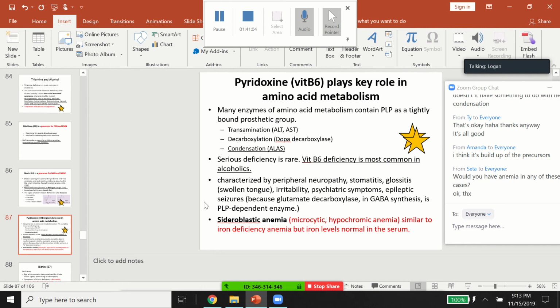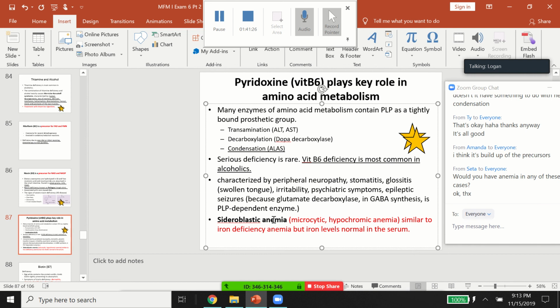Pyridoxine or vitamin B6. We've talked so much about vitamin B6 or PLP, right? So you already know quite a bit about what it does, so make sure you review all of that as you go along. We've also talked about how it causes microcytic hypochromic anemia before, but it has its specific name.